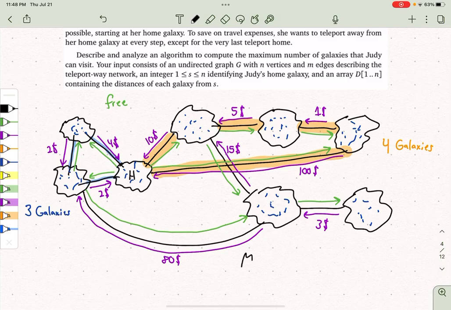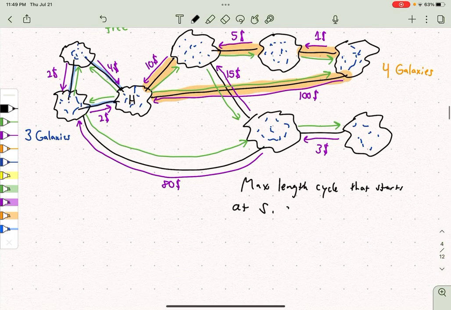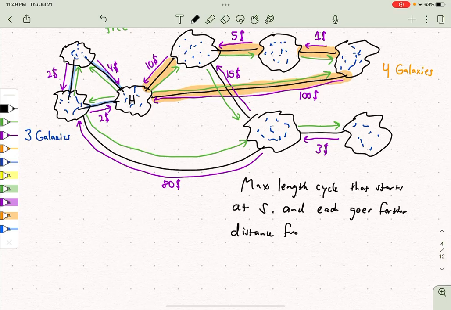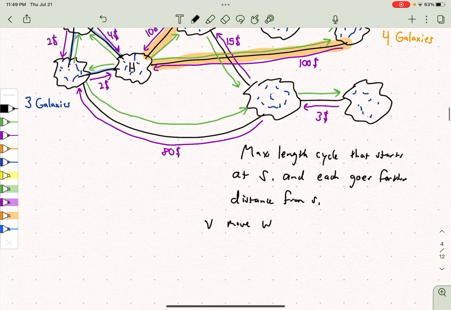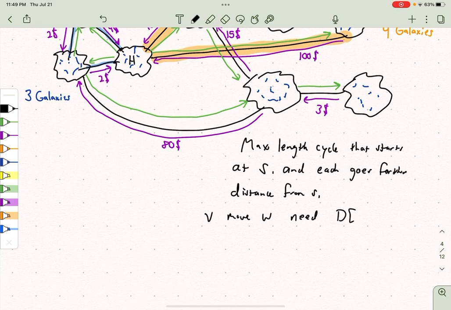Basically, we want to compute a max length cycle that starts at the home, which I'll call S, and each edge goes farther in distance from S. So in particular, if we're at some node V, then if we move to node W, we need the distance of W to be greater than the distance of V, unless W equals S and we are coming home.